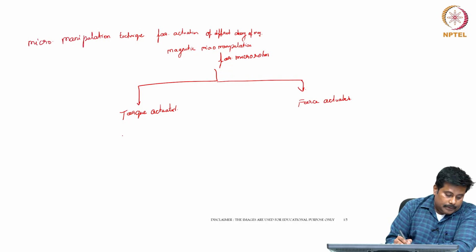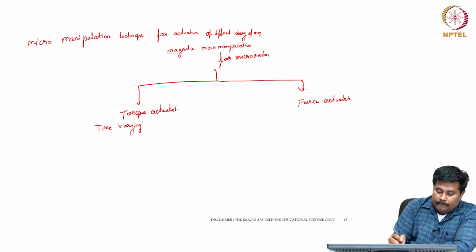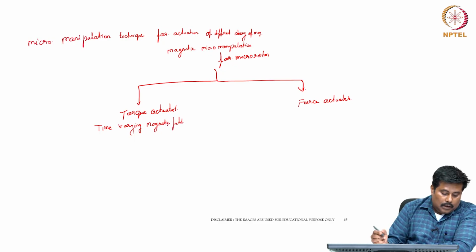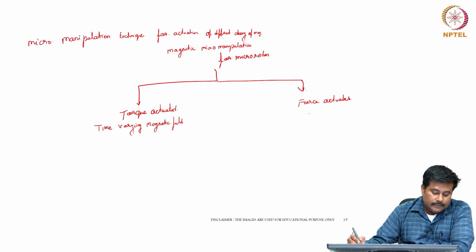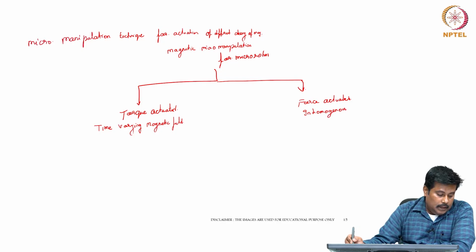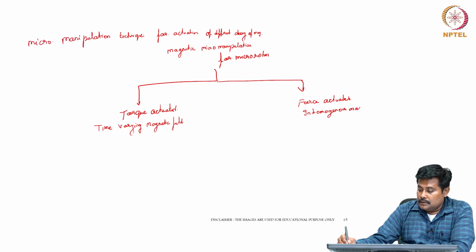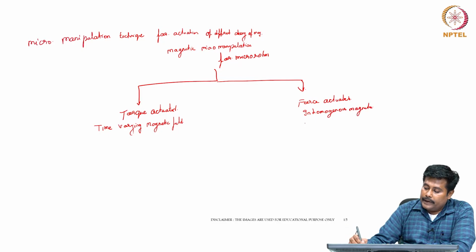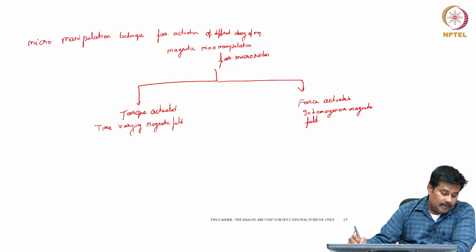On the torque actuated side, we have a time varying magnetic field, and in the case of a force actuated, it is called inhomogeneous magnetic fields.